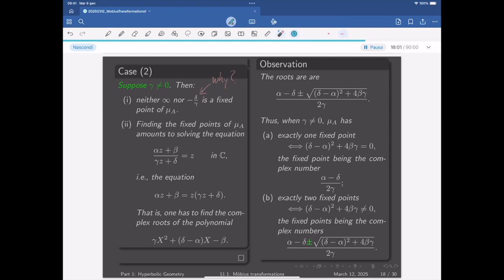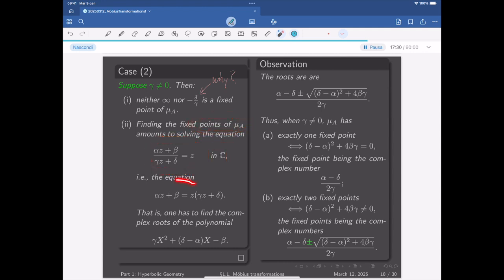It's a nice, easy exercise. Okay. But since infinity is not a fixed point, finding the fixed points amounts to solving this equation in the complex numbers, because I no longer have to solve it in C bar, because I know infinity is not a fixed point.